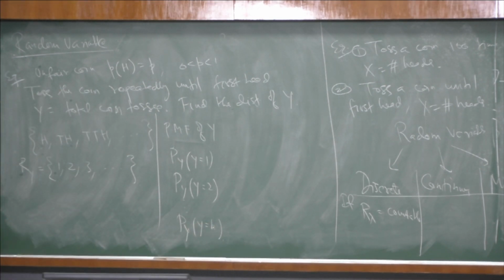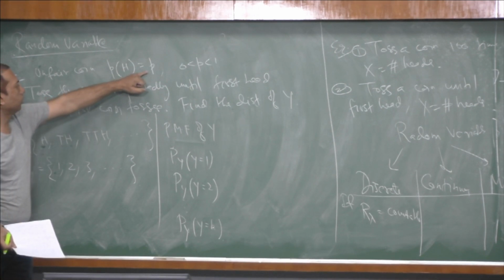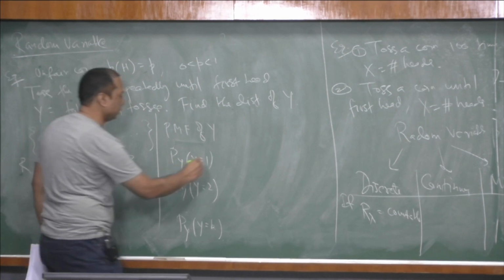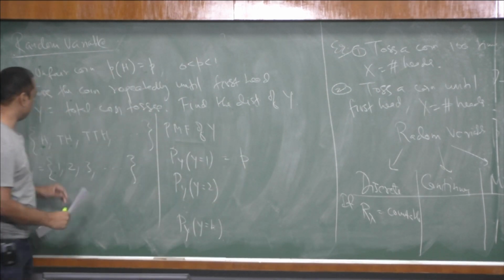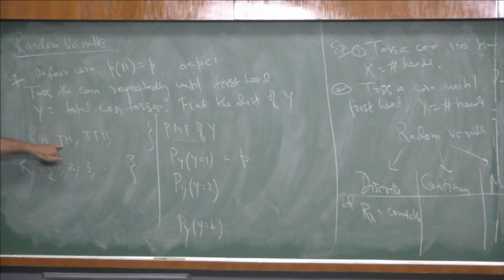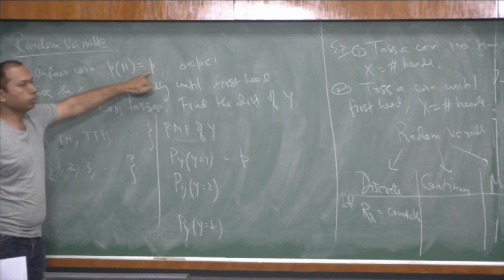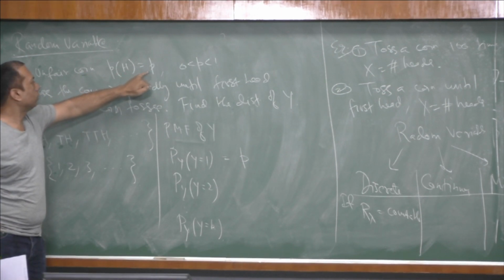So what is the probability that I get a head in the first toss? That is already given: the probability of head is p. In the second case, since each coin toss is independent, the probability of TH is the probability of T times the probability of H. Since there are only two possibilities, head or tail, the probability of tail, according to the axioms, is 1 minus p.